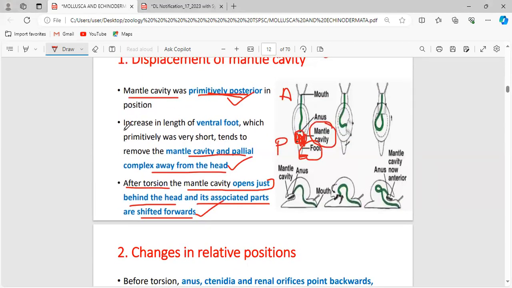The increase in length of the foot affects the mantle cavity. Generally the mantle cavity would be in the head region, but because of the increase in size of the ventral foot, the mantle cavity cannot be placed there, towards the anterior region.